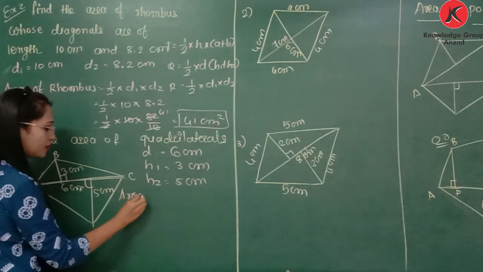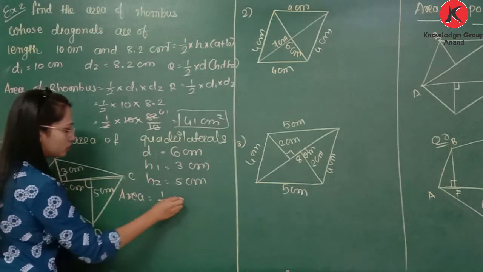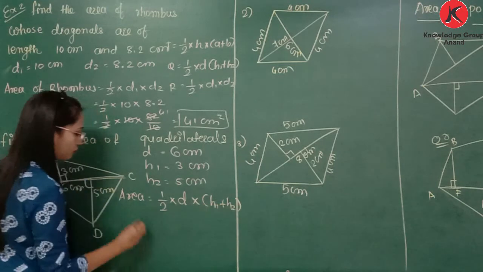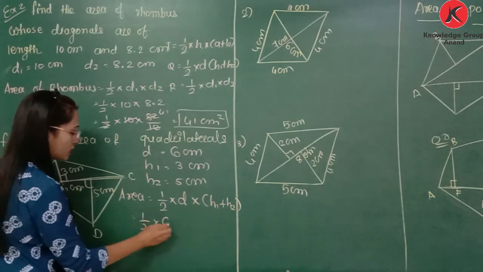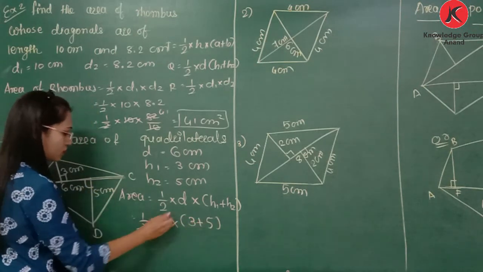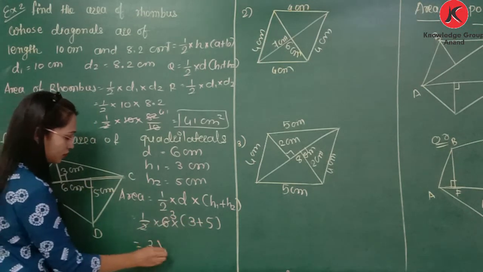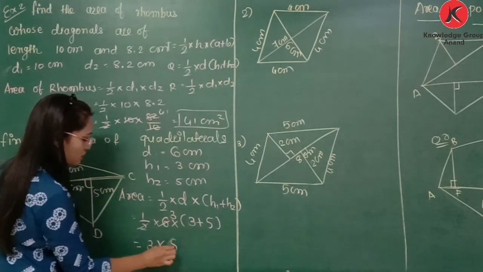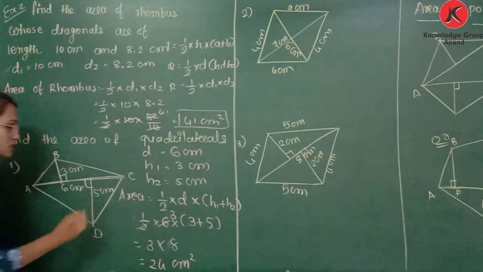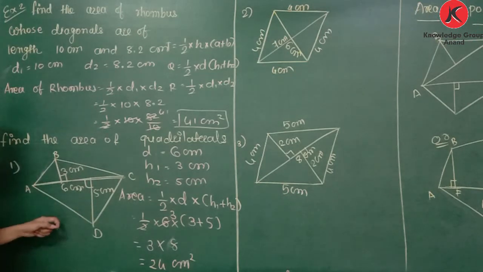So area will be 1 by 2 d times h1 plus h2. So 1 by 2 times 6 times 3 plus 5, that is 8. So 24 centimeter square. That is the area of this quadrilateral.